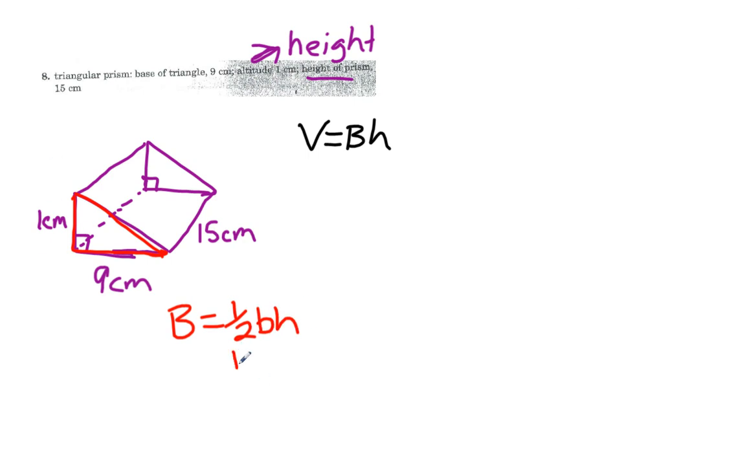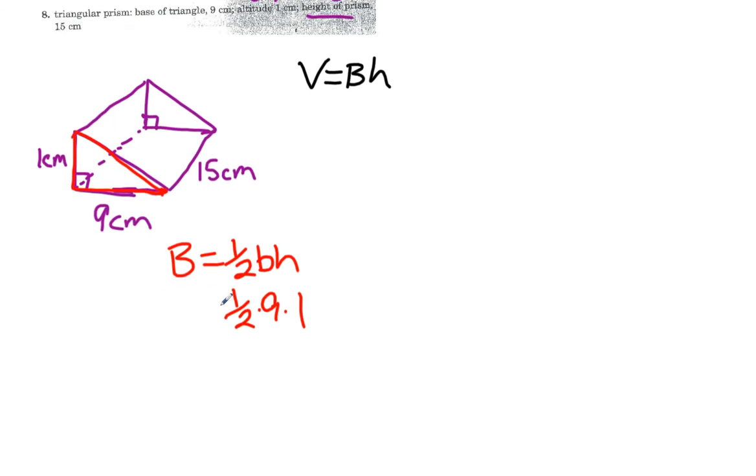We put in our numbers here. Half the base of the triangle we said is 9. Height of the triangle we said is 1. We do our calculating here. Half of 9 is 4.5. 4.5 times 1. Any number times 1, it's just itself. So our area of our base, big B, is 4.5.